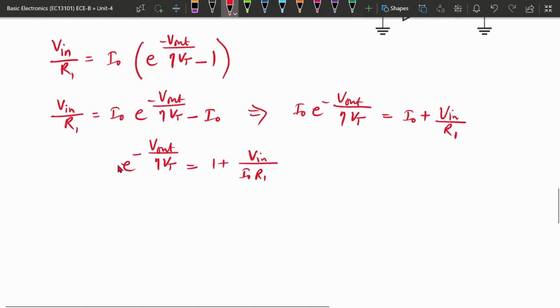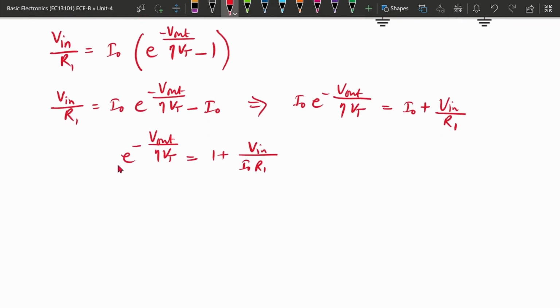Now we will take log on both sides. If we take log to the base e on both sides, we get minus V out divided by eta Vt is equal to log to the base e of 1 plus V in divided by I naught R1.